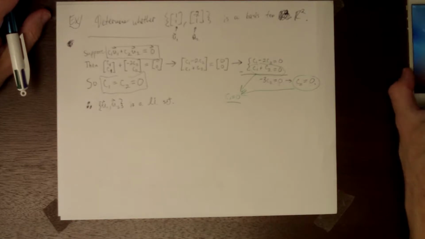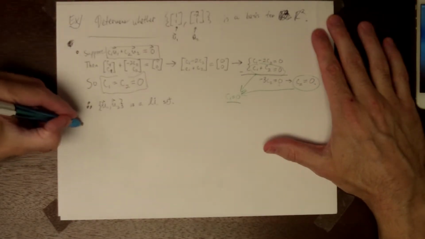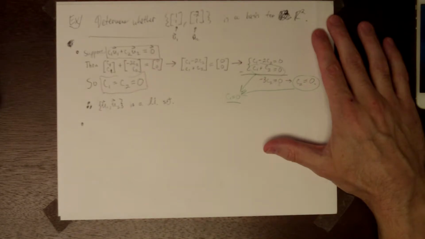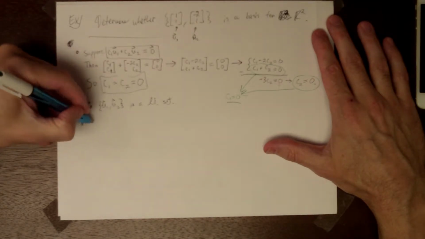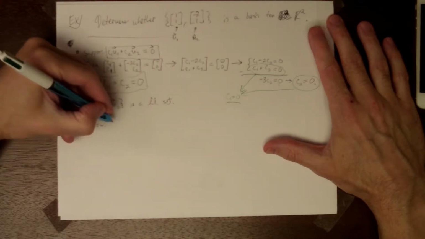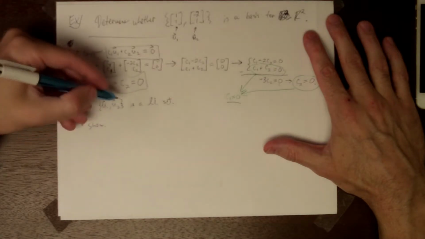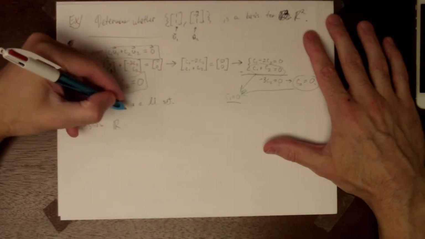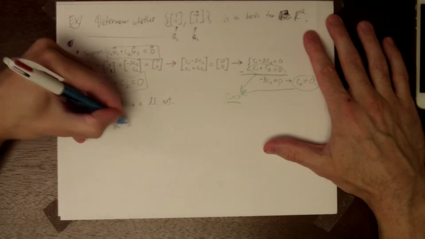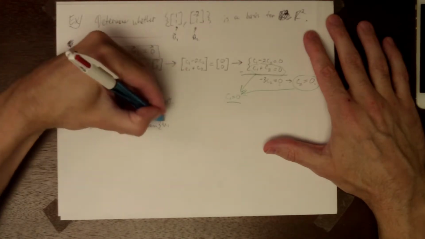Do a time check here. All right, so now we need to show that anything in R2 is expressible as a linear combination of u1 and u2. Show that R2 is a subset of the span of u1, u2.